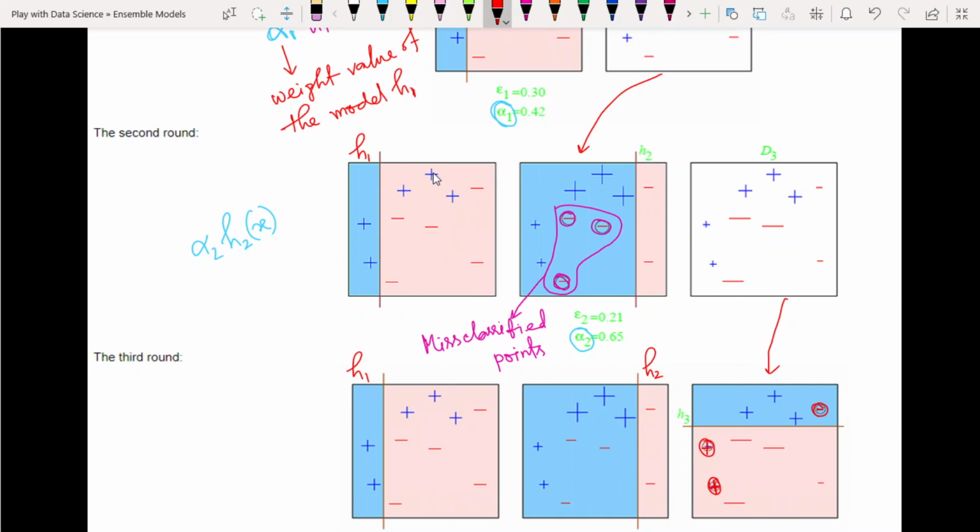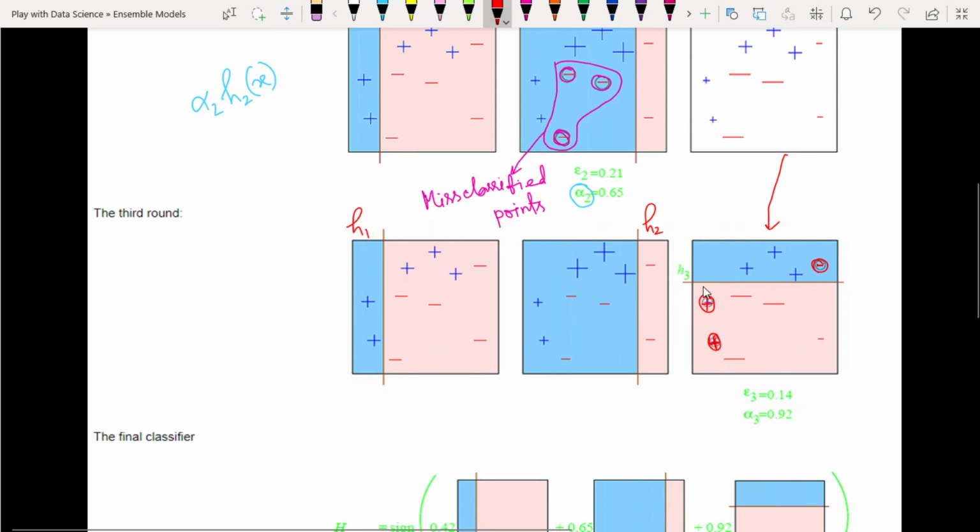Already we have built the H1 and H2 models. Now using D3 we will build the next model H3. In H3 we see that we have 3 misclassified points, this negative point and these positive points, but these misclassified points are already handled by the previous models H1 and H2.